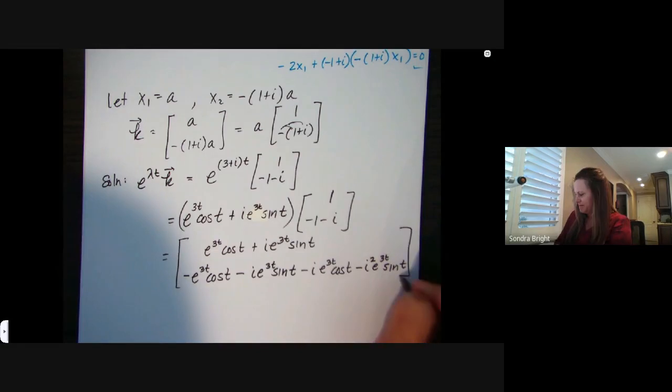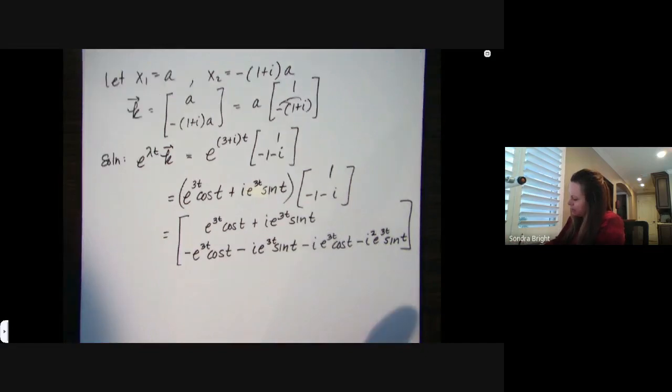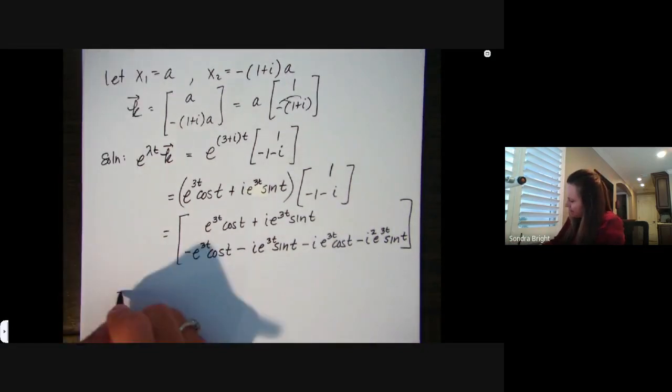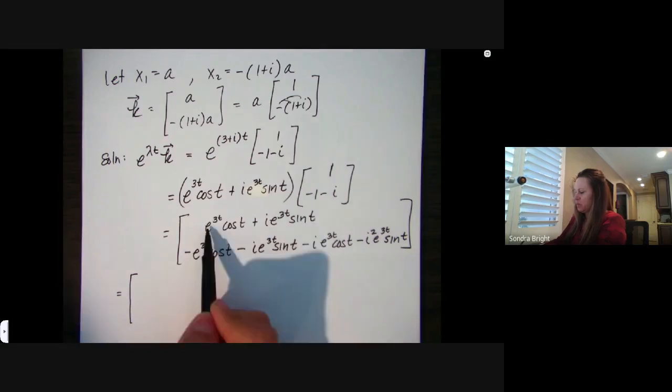Then I'm going to separate it into two matrices, one where I have factored out an i, because you want the a plus bi, where a is a solution and b is a solution. On the top row, e to the 3t cosine of t goes in the real matrix.